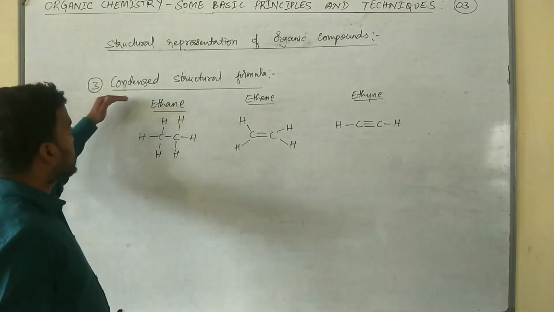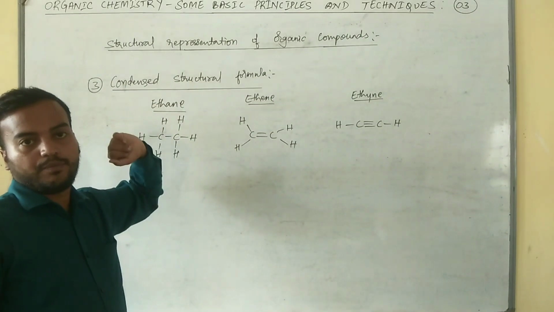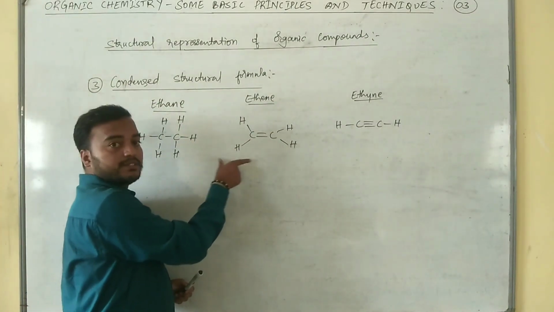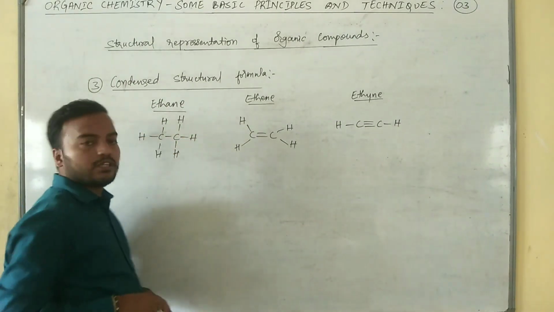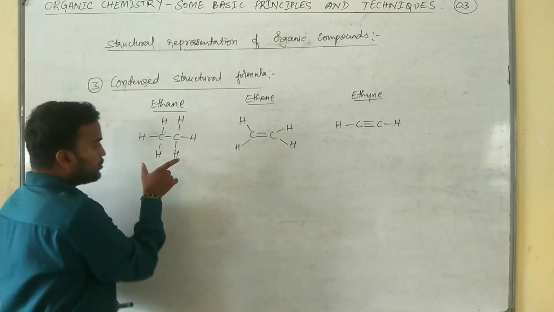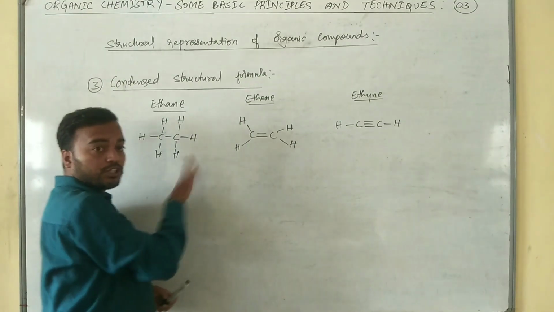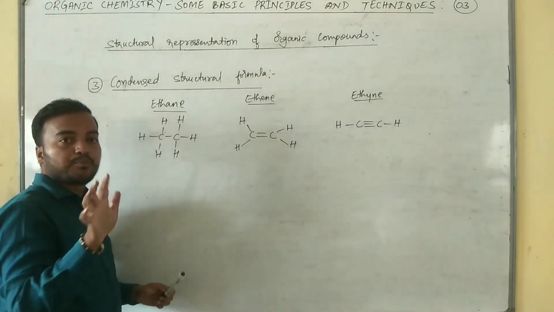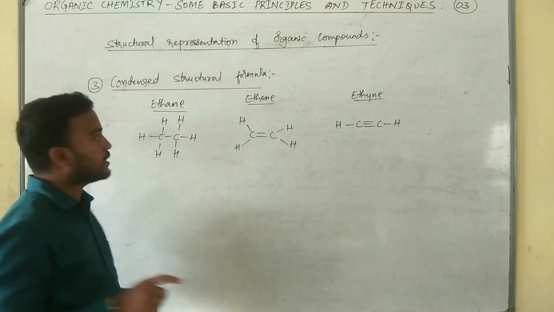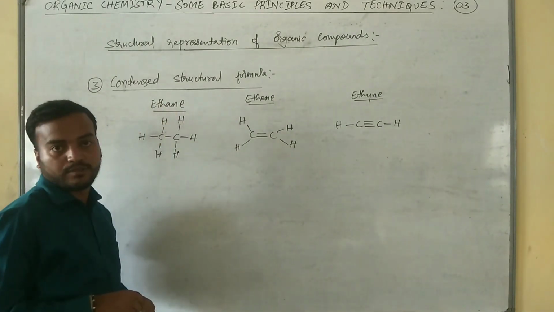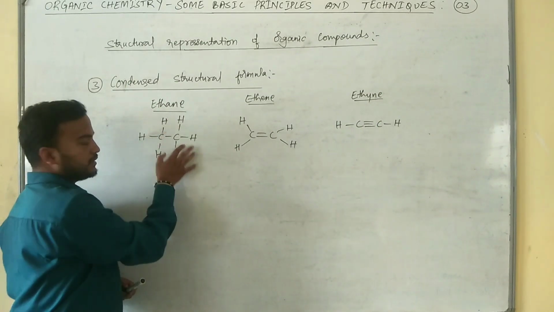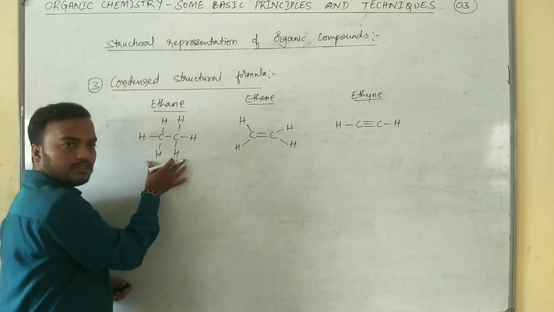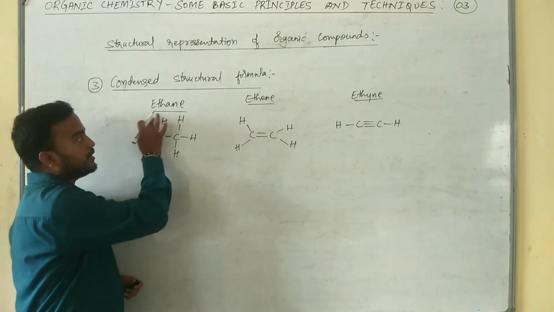Next one, condensed structural formula. So these are the complete structural formulas of ethane, ethene and ethyne. This structural formula can be further abbreviated by omitting some or all of the dashes representing the covalent bonds. Those are known as condensed structural formulas. The covalent bonds that are there, we have to remove. Suppose this is the complete structural formula of ethane.